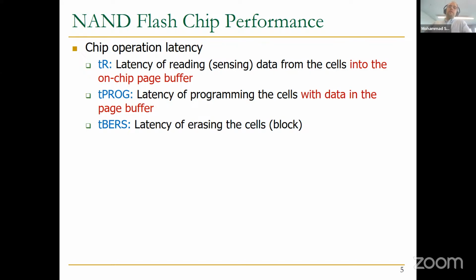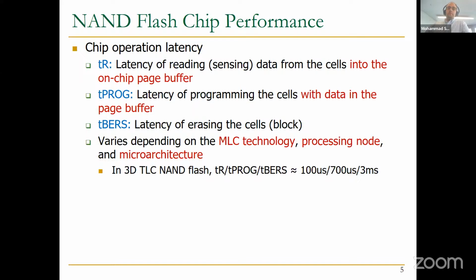It's just the latency needed to have your data ready in the page buffer. We also have tPROG, which is the program latency with the data in the page buffer. Whenever you want to program a page from the page buffer in the NAND flash chip, it takes tPROG to have your data written. And we also have tBERS, which is the latency of erasing a block in the NAND flash chip.